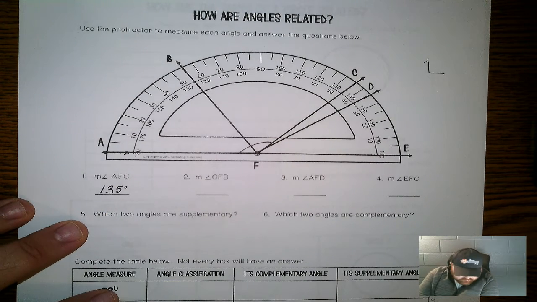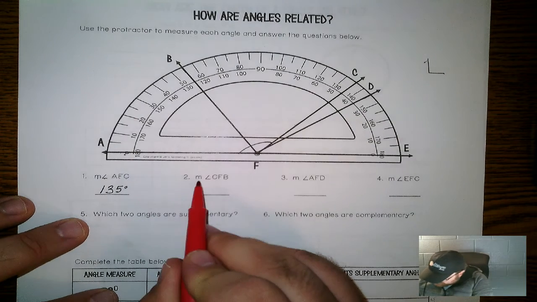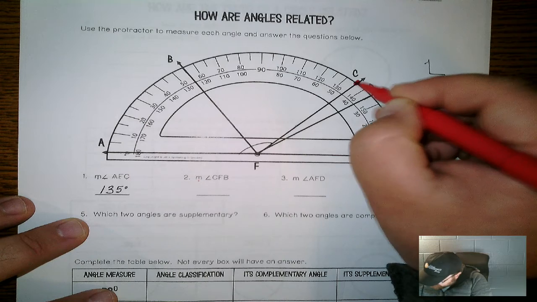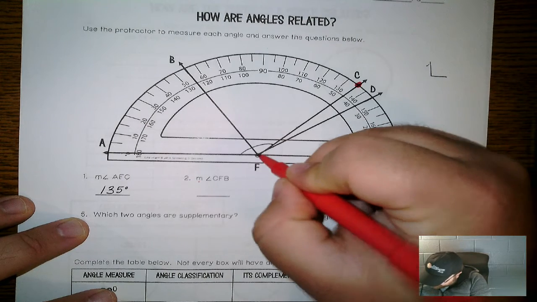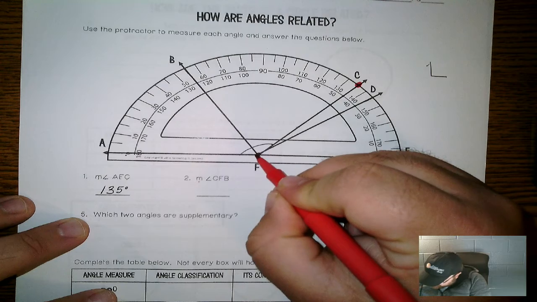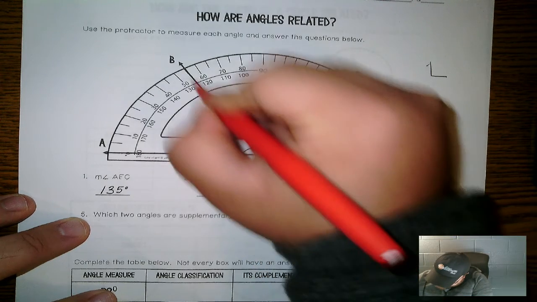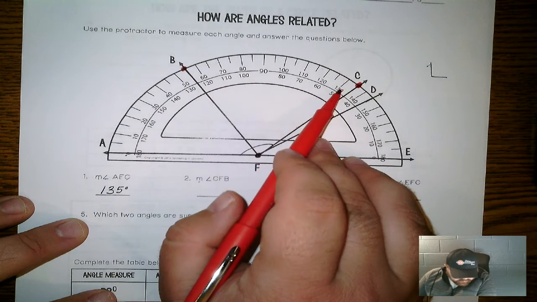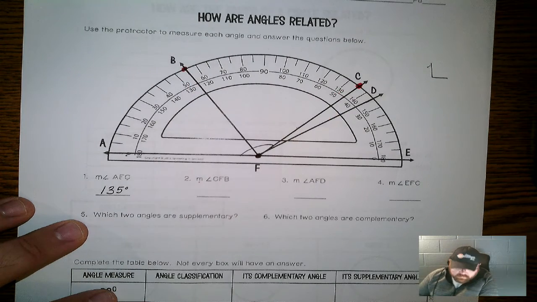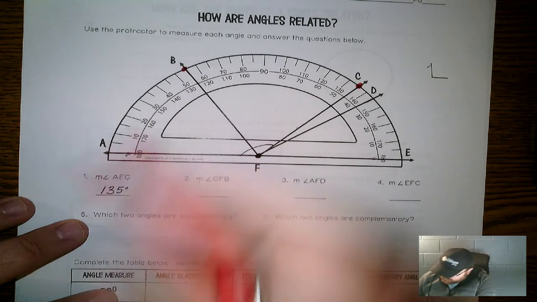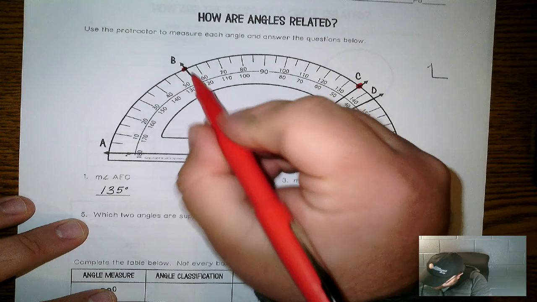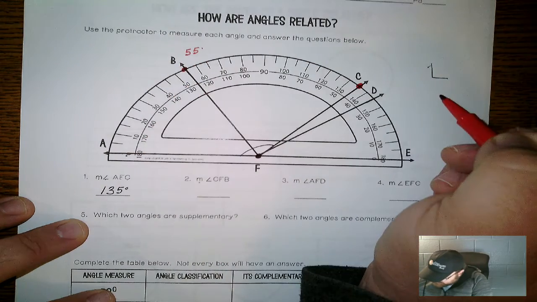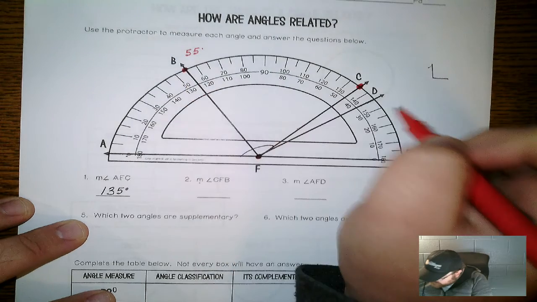The next one that I'm going to be dealing with is measure of angle CFB, with your vertex F. Now, when you are looking at these two, you see that neither one of them are at 0. So with this one, we could say that it's pretty close to 55 degrees, because it's between 50 and 60.